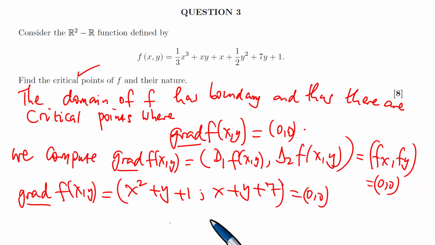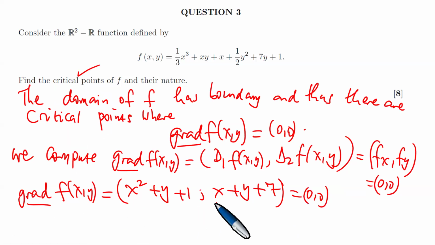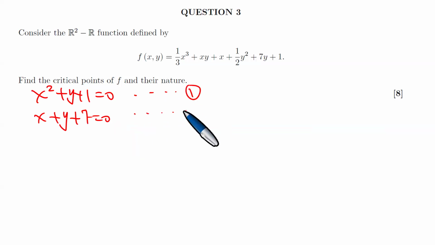So this gives us two equations. x squared plus y plus 1 equals 0. The second one is x plus y plus 7 equals 0.